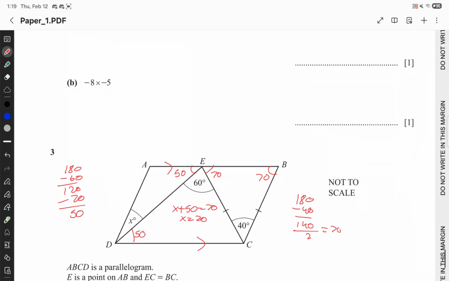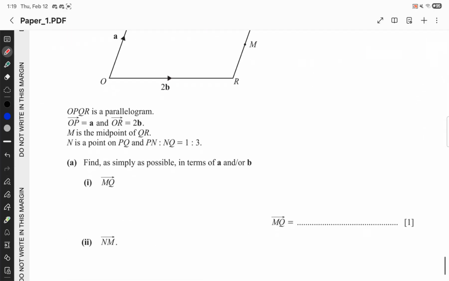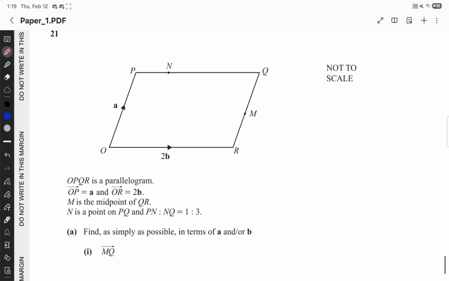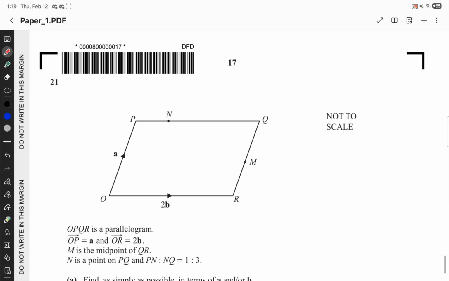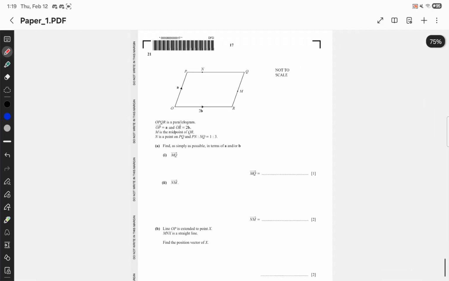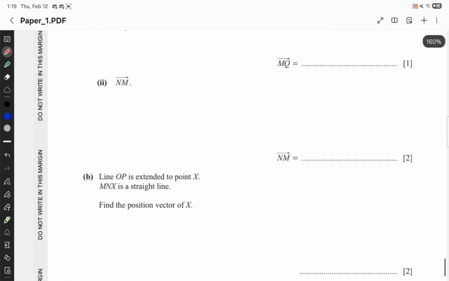Okay. Let's move on to this question again. This is the same premise as before, similar premise. Now let's skip directly to the last question.